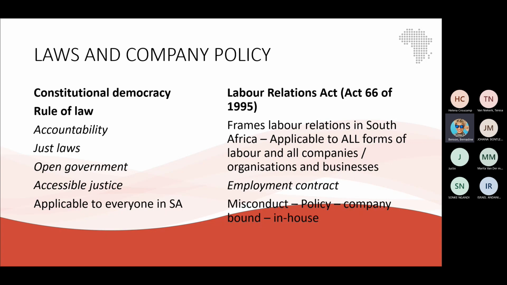And the employer is actually expected to put something like that in place, so that when I start working for a company, like when I started working for UNISA, I signed an employment contract with them. And as part of my employment contract, I was read into the different policies. For example, the policy on employee misconduct. I was made aware of what conduct UNISA considers unacceptable, and therefore they deem this as misconduct. And there are other policies as well.